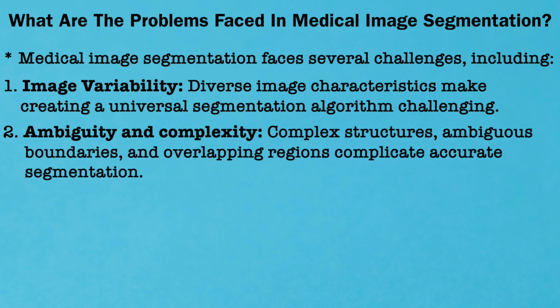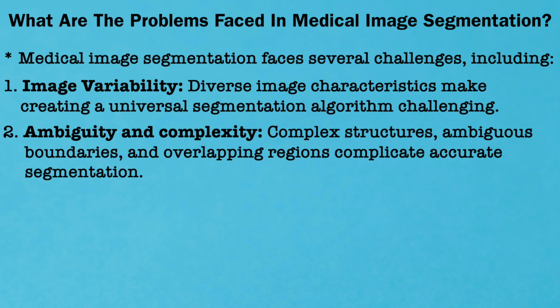Complex structures, ambiguous boundaries, and overlapping regions complicate accurate segmentation. It means ambiguity and complexity is a major challenge in image segmentation, where we cannot define exactly where the boundaries are, or where the complex structure can be defined within the segment.